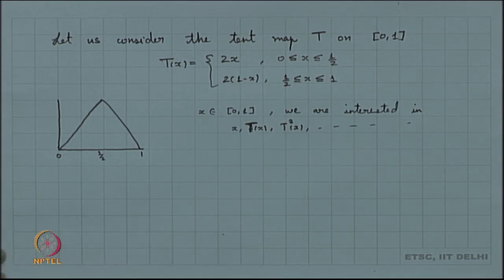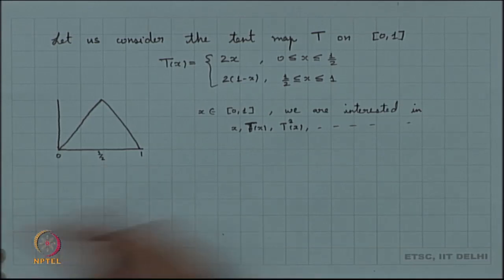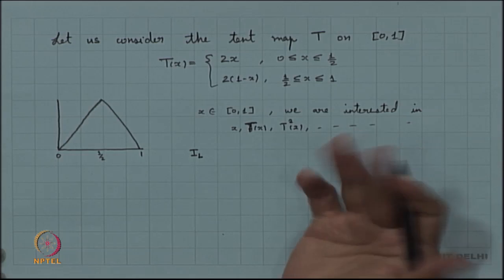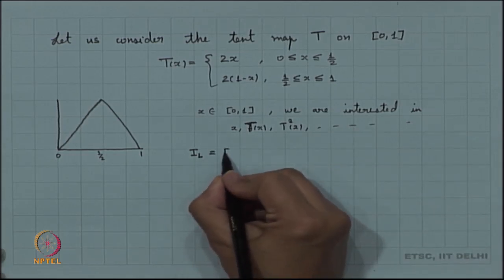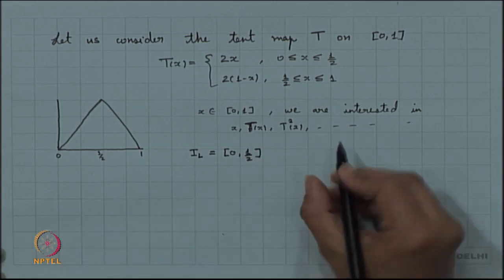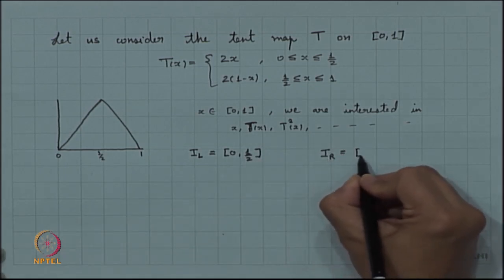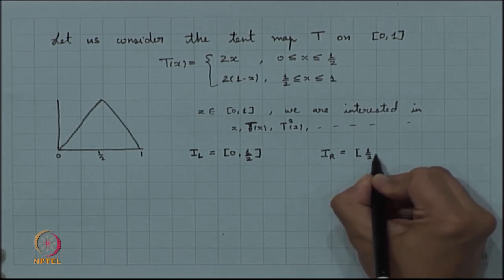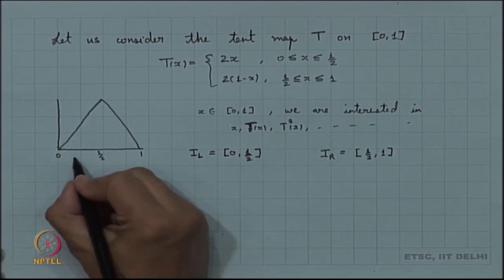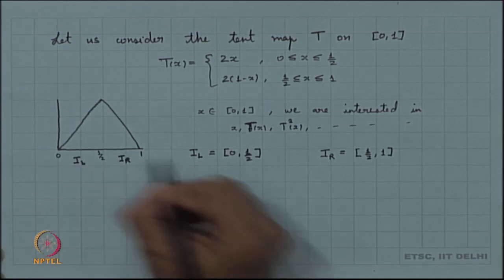Now, what we try to do is we divide this [0,1] into two subintervals. So, we divide this into the left subinterval I L, which is [0, half], and the right subinterval, which is I R, and we call it [half, 1]. So, we are dividing this into two parts. So, this is your I L and this is your I R.